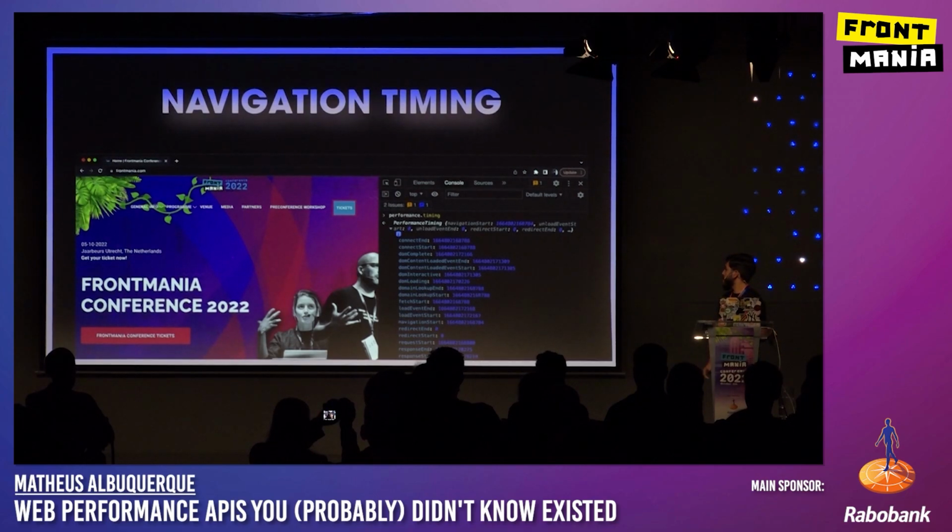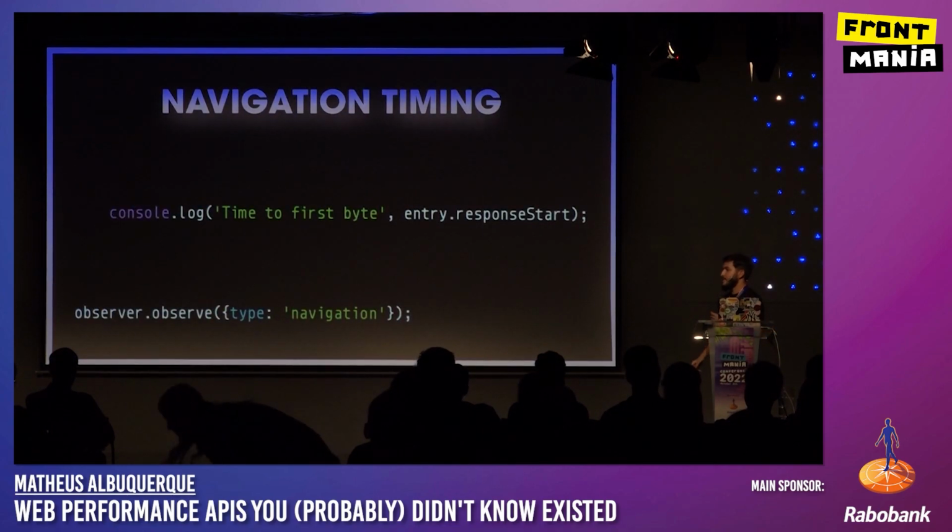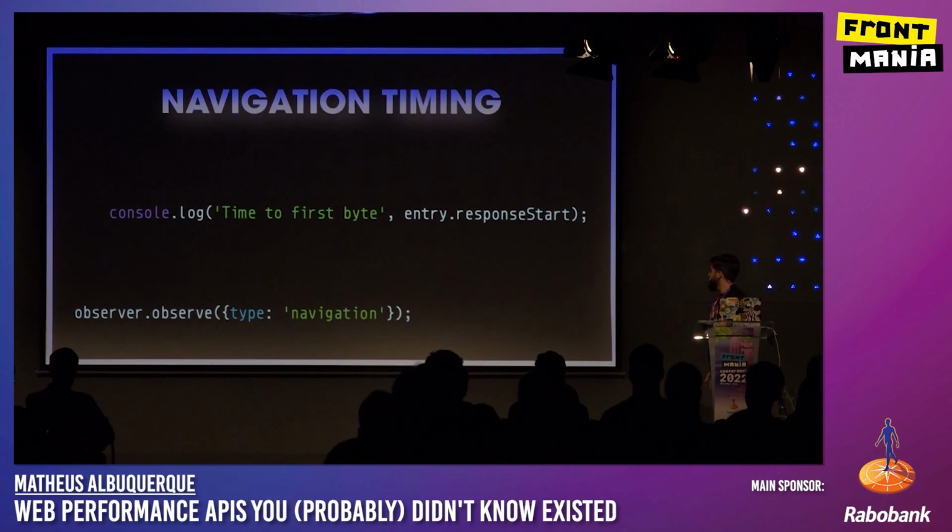And the navigation timing API is actually one API that gives you a lot of information about lookups, handshakes, redirect events, and any kind of things. And because it gives you so much information, it allows you to come up with really interesting metrics like the one we know as time to first byte. So we check by doing entry.responseStart when we are observing navigation events.